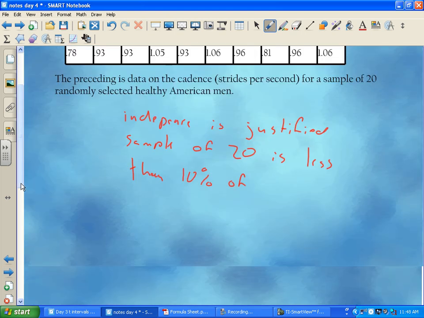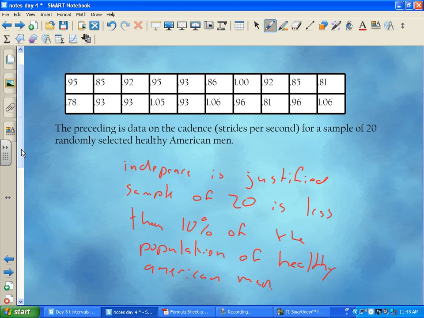So now I'm talking about my population, the population of healthy American men. Again, we hope it's reasonable. There's more than 200. Independence. Random is easy.